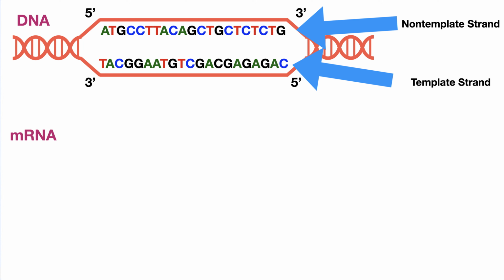What do those two things mean? Well, that strand on the bottom, the template strand, it's the template because it is what RNA polymerase is actually going to use, physically interact with, in order to determine the sequence of messenger RNA. By the way, there are different names for these strands, and your instructor might be using one of them. Template strand can also sometimes be called the non-coding strand or the antisense strand, and there's other names as well.